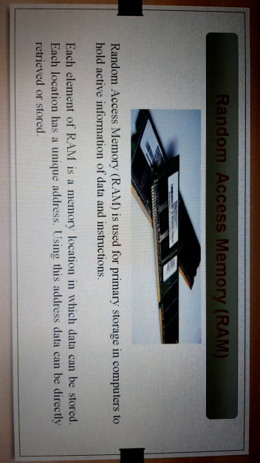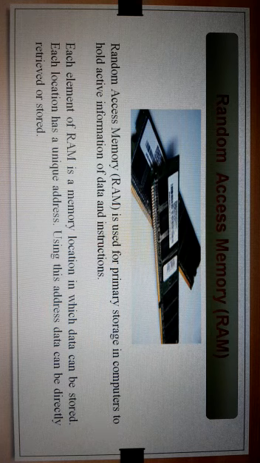Now, another example: you use two types of books while studying. One is the textbook and another one is the notebook. Just see the differences. A textbook is written one time, and after that the textbook is used for reading.